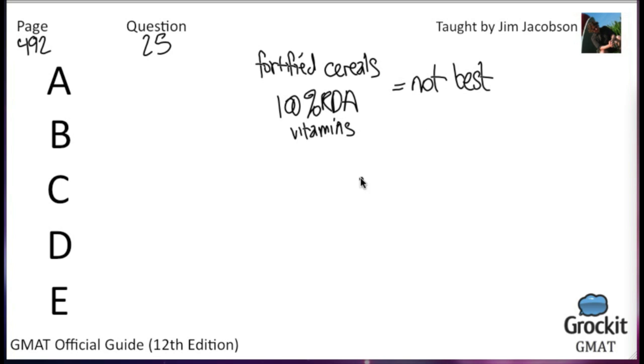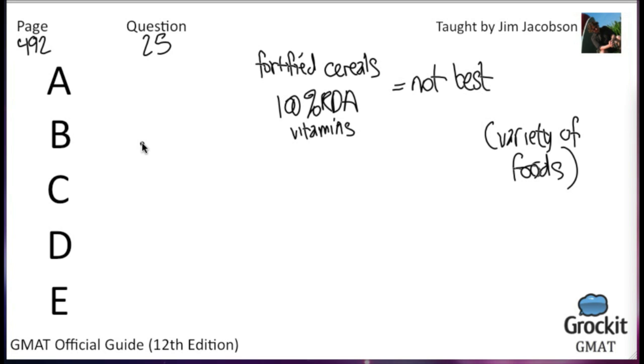So maybe a study that shows that, or something about eating the same type of food, because remember, the implication is that people would be just eating this cereal instead of a variety of foods. And that's actually the counter option. So we need a reason why eating a variety of foods would be better than these fortified cereals. Let's see what we get.